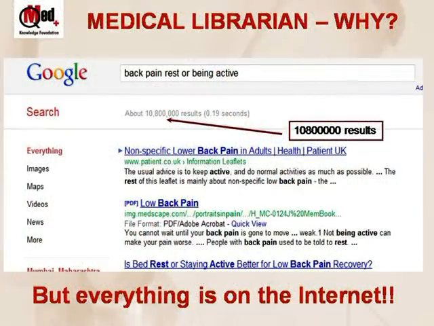I'm sure quite a few of you have this question, why do we need a medical librarian, especially when everything seems to be on the internet? So I'm going to address this bit. The typical thing that would happen is, let's say you're searching Google for treatment of back pain, is advocacy of rest important or is it important to be active? So what is Google giving you?